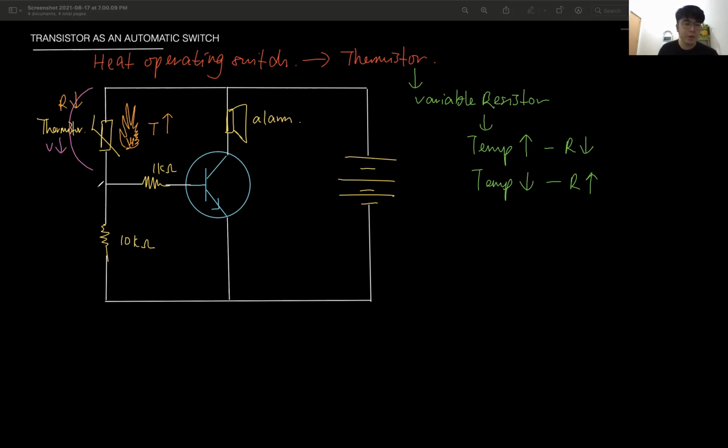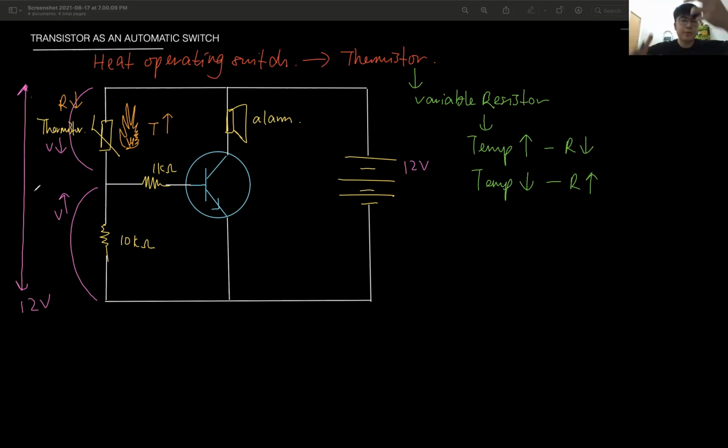And this will cause the voltage across this base circuit to rise. Because remember, here is 12 volts. The potential difference across these 2 points is also 12 volts. So if the thermistor voltage drops, then the voltage at the base gets the greater share.